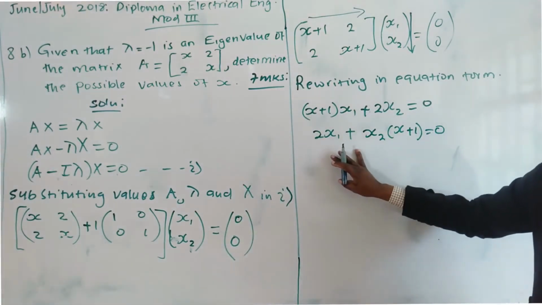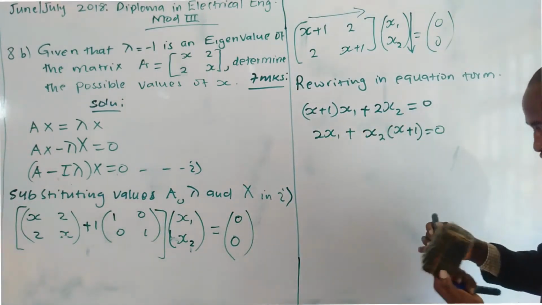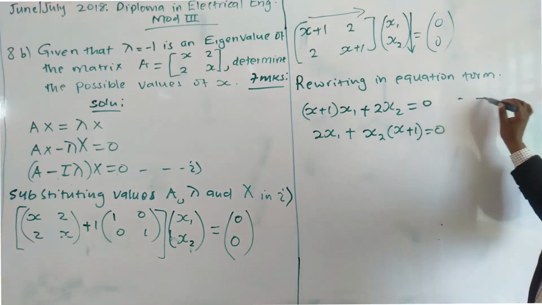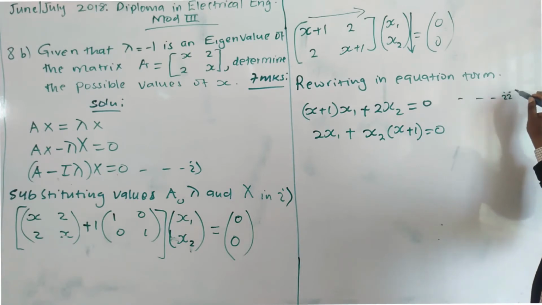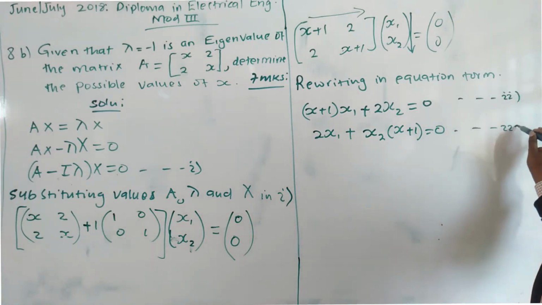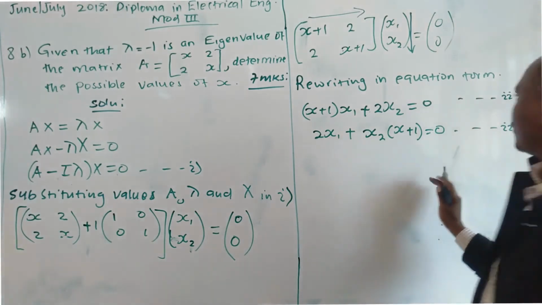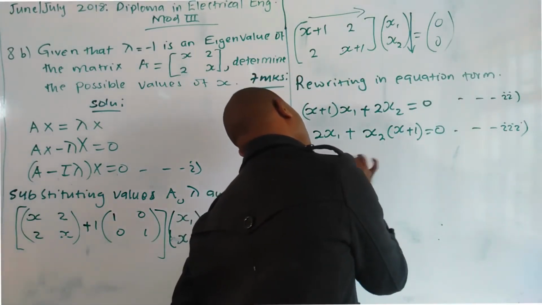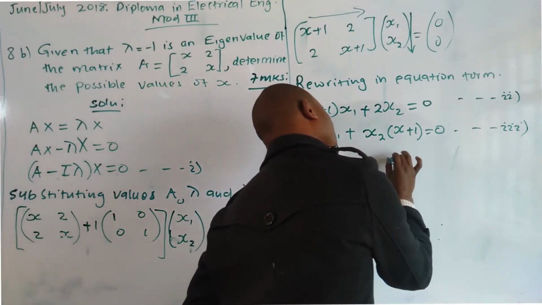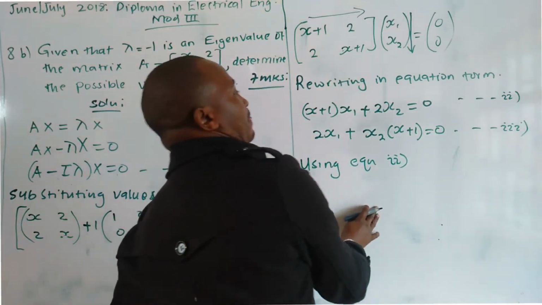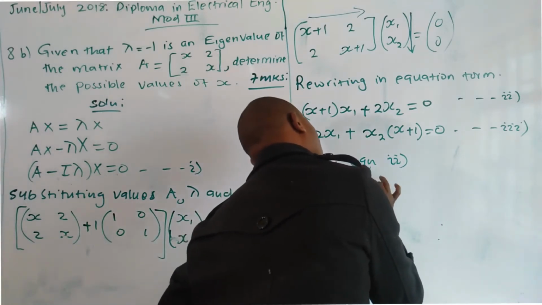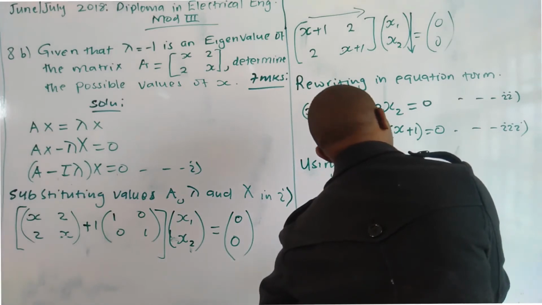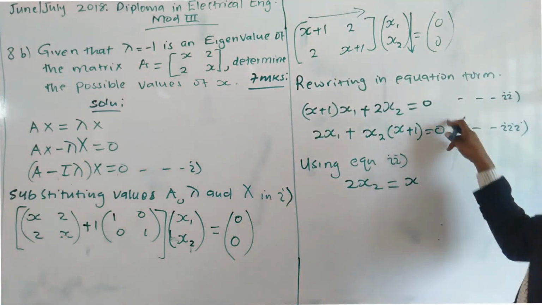Now let us get the value of x2. Call the first one equation 2 and this one equation 3. Using equation 2, we have 2x2 is equal to negative x1 into bracket (x plus 1), because this will go to the other side of the equation.